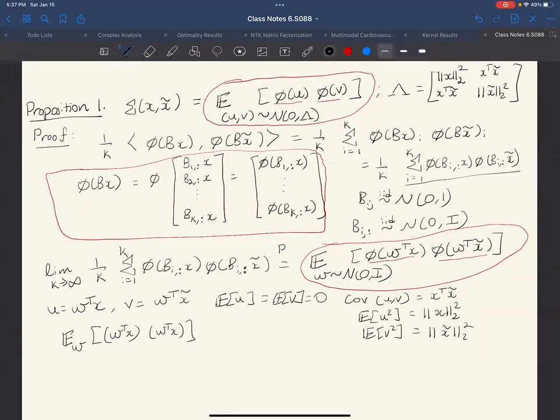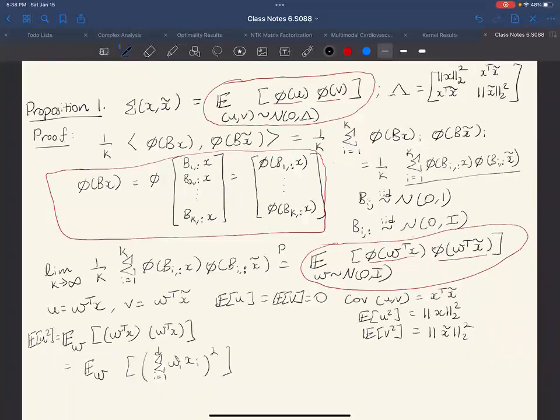Let me write that a little cleaner. Now, this is just going to be the expectation over W of the summation of W_i x_i, i equals 1 to d, squared.